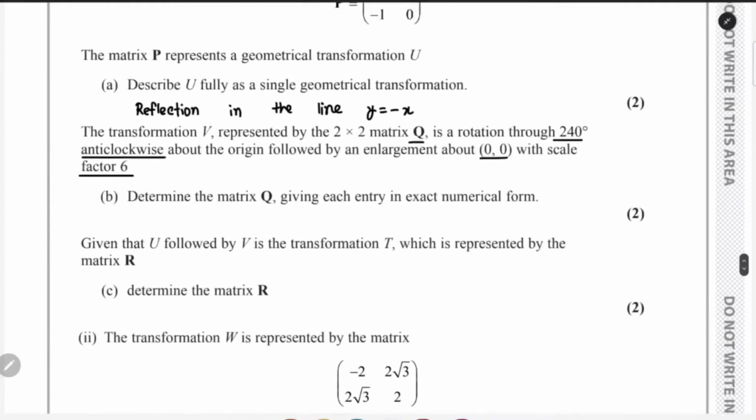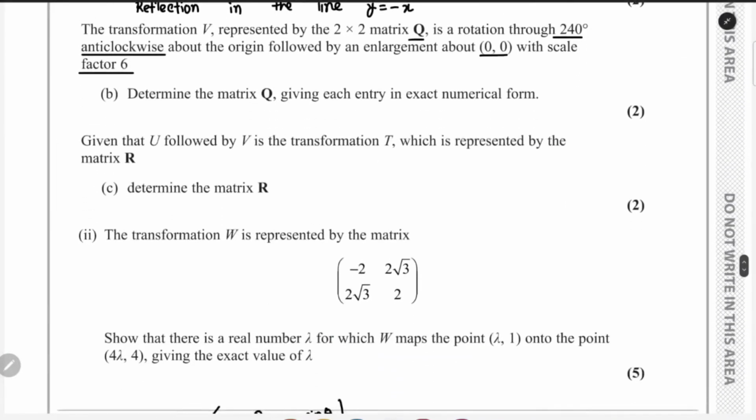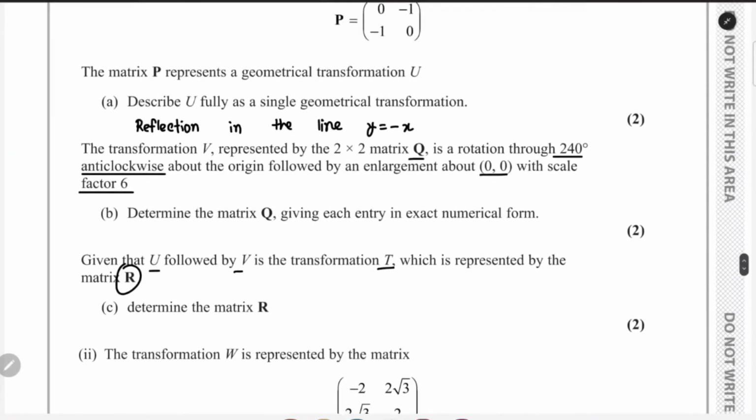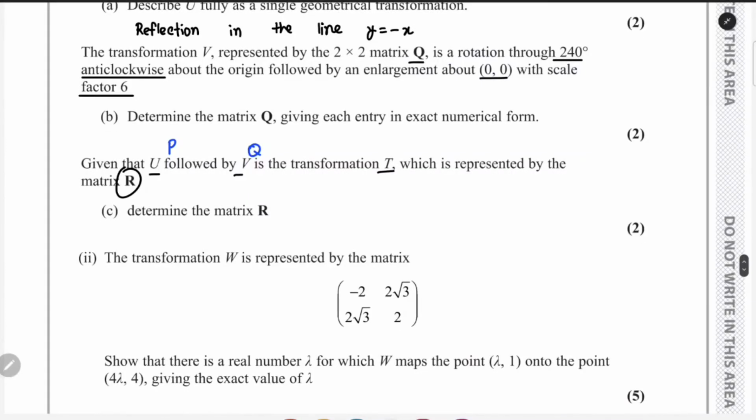Now for question C, we are given that U followed by V is the transformation T, which is represented by matrix R. We have to find matrix R. So U is followed by V. U is matrix P and V is matrix Q. So as a note, we can note down that A followed by B is represented by B on the left, A on the right.